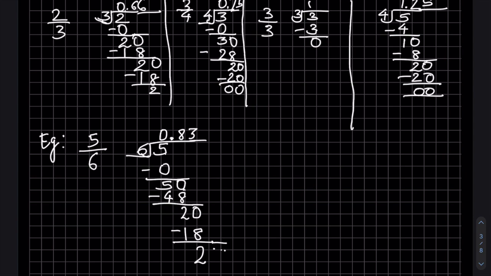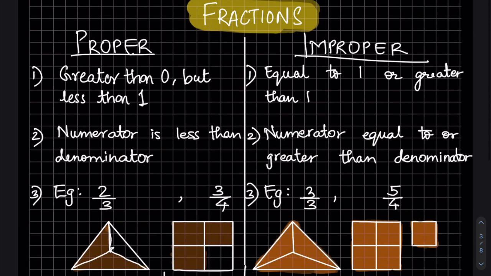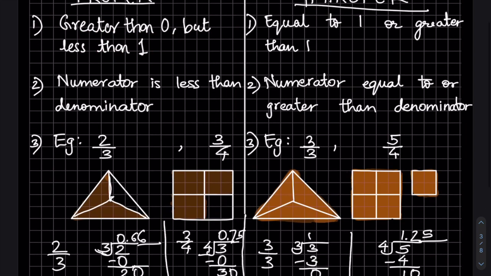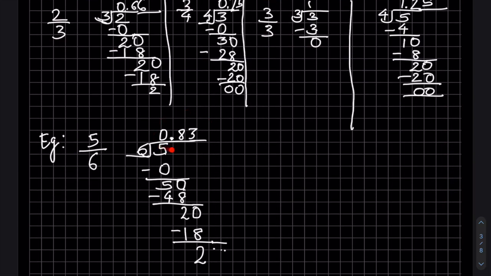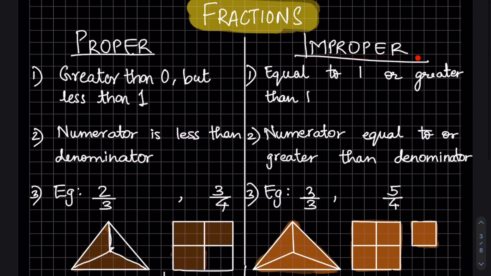So here you can see proper fractions are the ones which are greater than 0 but less than 1. The answer is 0.83, which shows it is greater than 0 but less than 1. Now we move on to another example of an improper fraction.